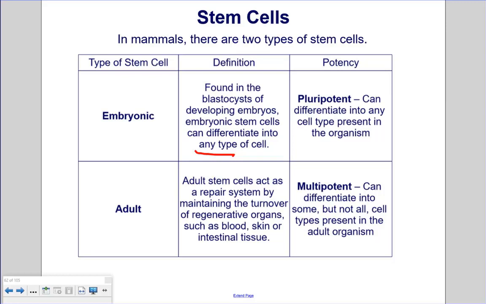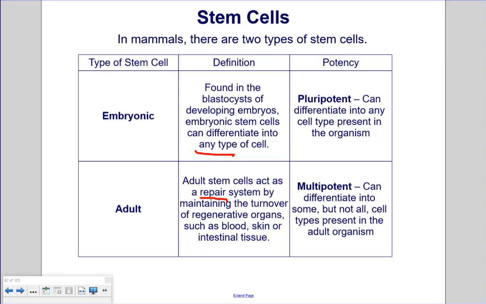Then the other type of stem cells that we have are adult stem cells. Adult stem cells act as a repair system for maintaining the turnover of regenerative organs such as blood, skin, and intestinal tissue. So unlike embryonic stem cells, these adult stem cells cannot make any tissue or organ in the body.